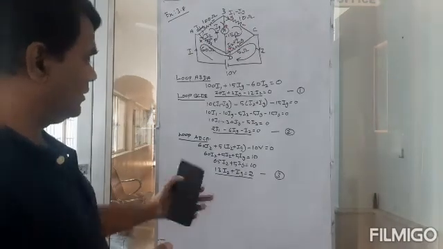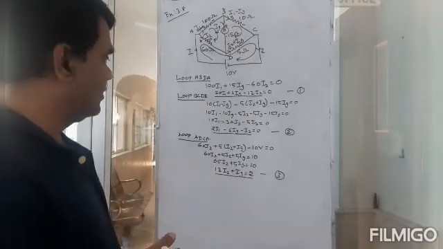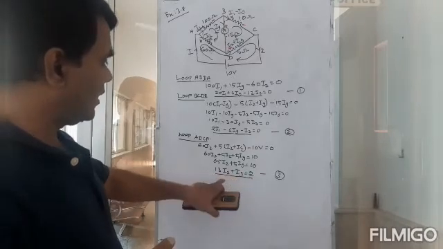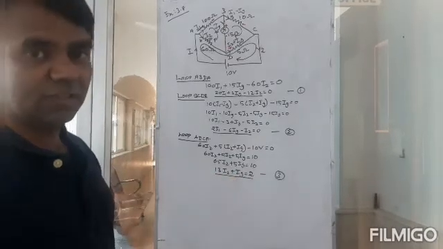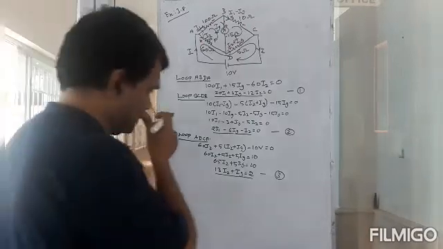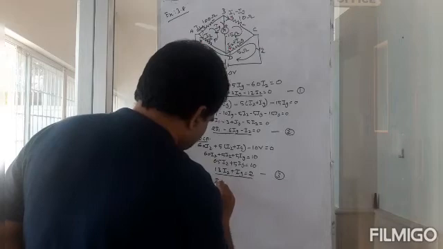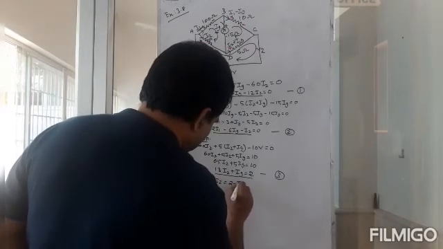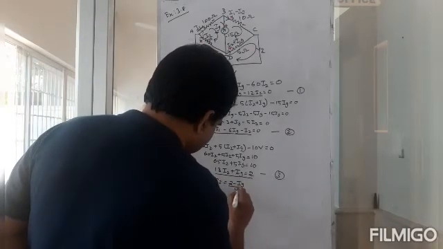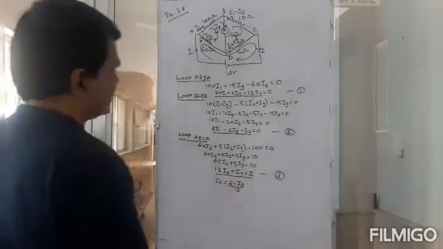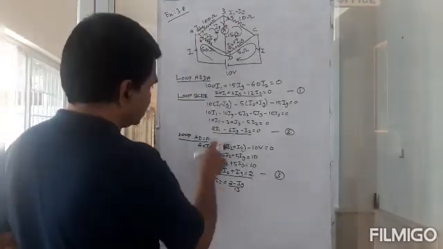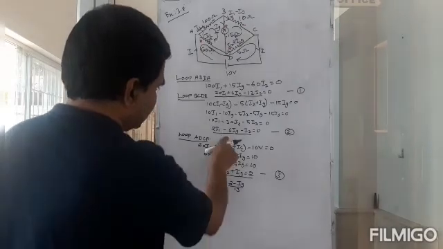Well, from this equation I can write I2 in terms of Ig. Let's see what happens now. So what is I2? I2 is going to be equal to (2 minus Ig) by 13. That is it. So can I also put it in here? If you put it in there, what do I get now?